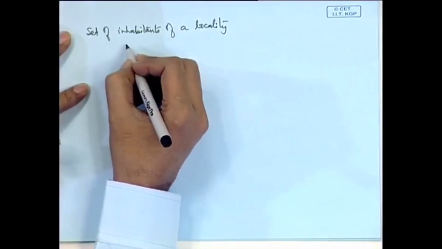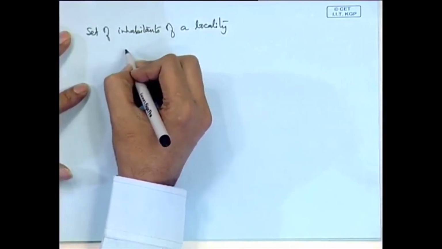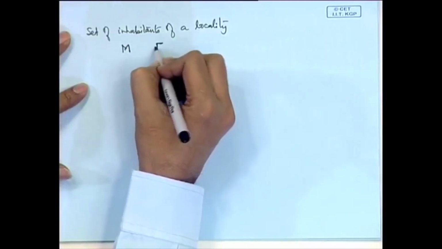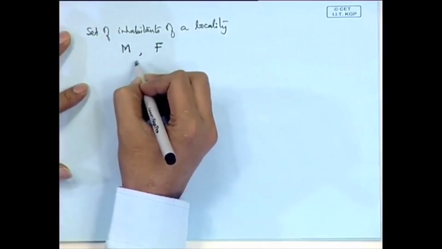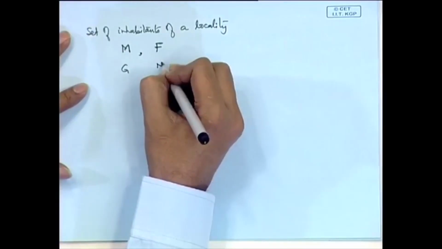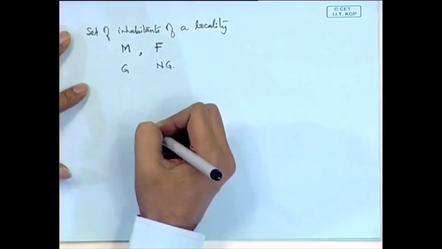Now, when we do the survey, we may record their gender, that means male or female. We may also record whether they are graduates or non-graduates, that means below graduates.